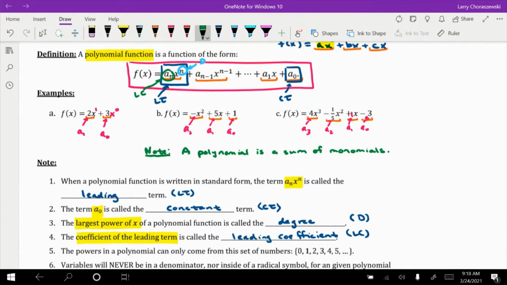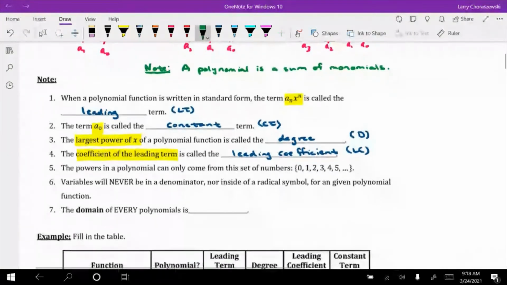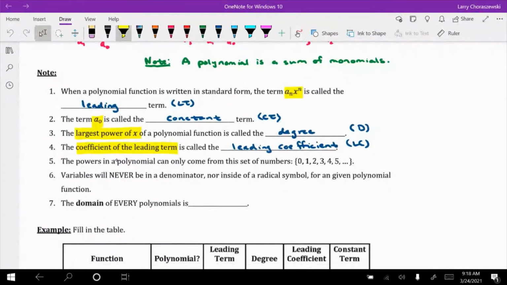Another important fact about polynomial functions is that the powers on the variables can only come from this set of numbers: 0, 1, 2, 3, 4, 5, and so on. This is referred to as the set of whole numbers.